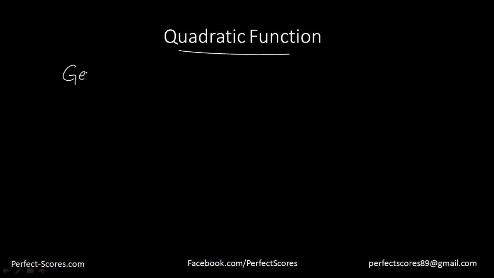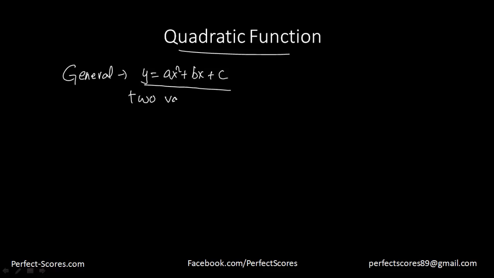Now the first thing is their general equation. Generally y is equal to ax square plus bx plus c, right? That means this over here is going to have two values of x.